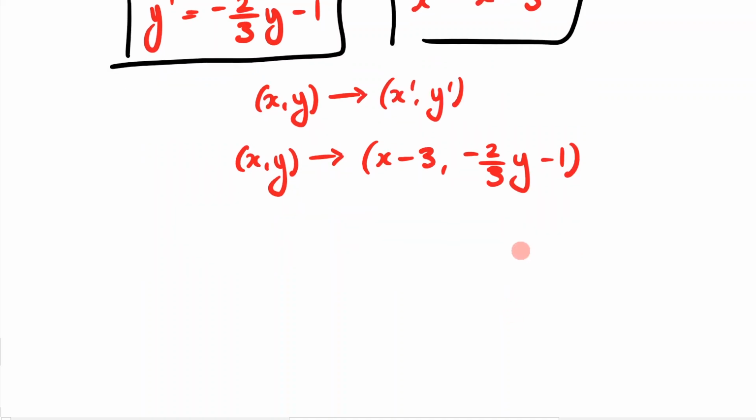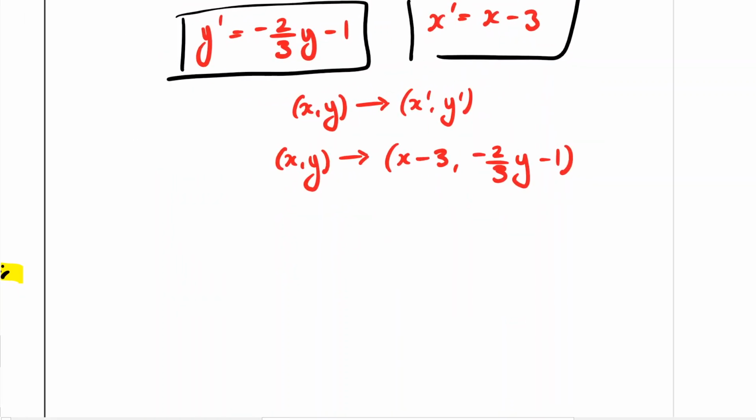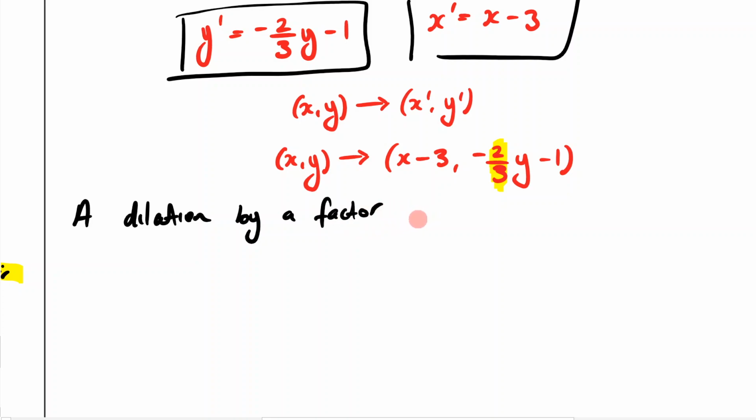Once I've got this, I can now start reading off my transformations. So I begin first with my dilations. As you can see, I have 2/3 here. So this is going to be a dilation by a factor of 2/3 from the x-axis.